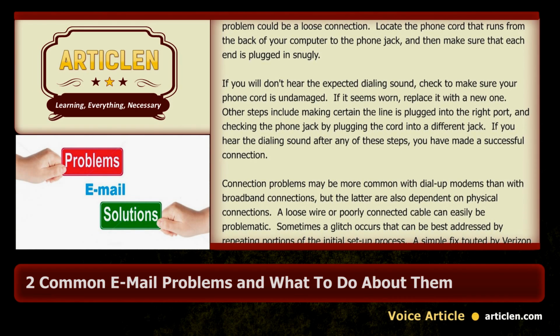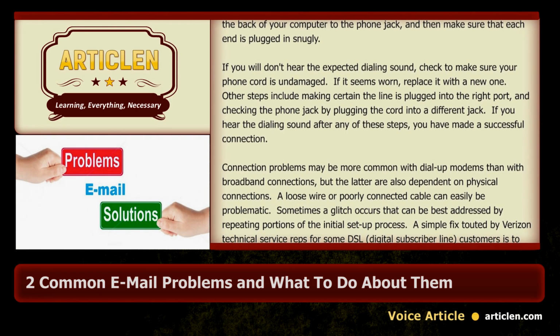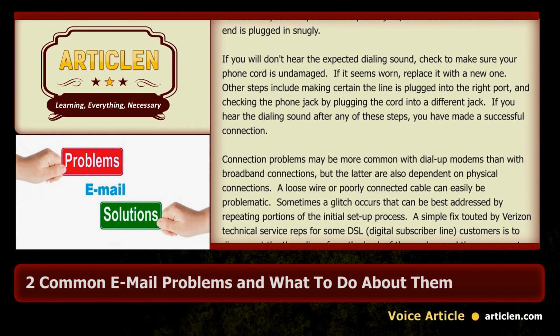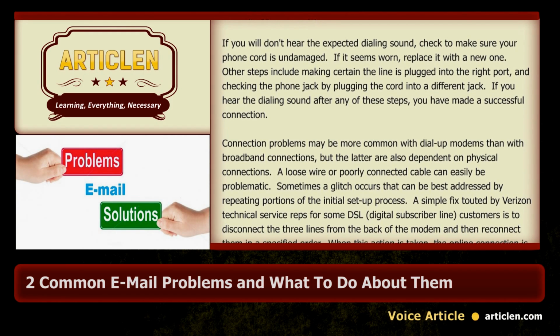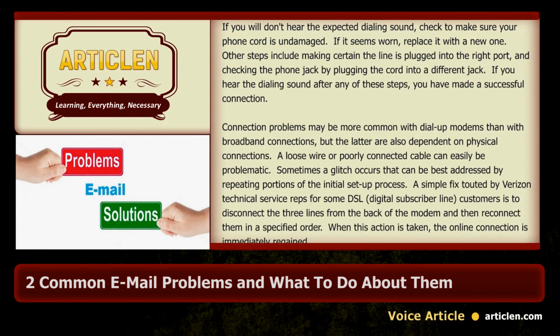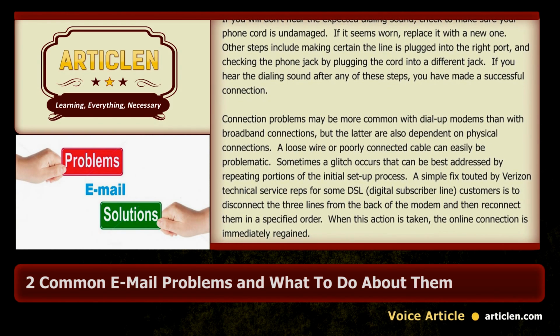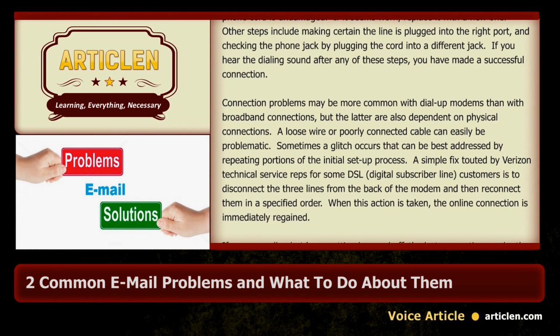Connection problems may be more common with dial-up modems than with broadband connections, but the latter are also dependent on physical connections. A loose wire or poorly connected cable can easily be problematic. Sometimes a glitch occurs that can be best addressed by repeating portions of the initial setup process.